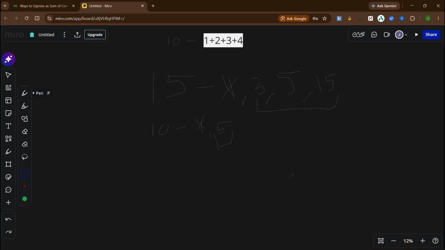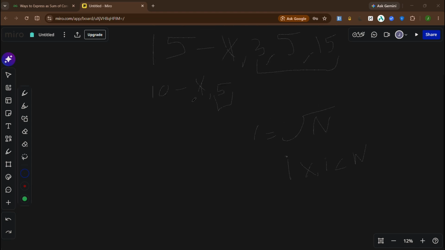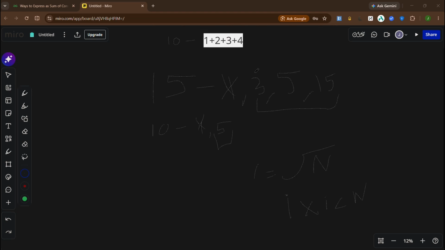Now, in order to reduce the complexity, we will only iterate till root of n. Thus I will only iterate till root of 10, as long as I into I is less than n. When we find an odd factor, we will find its partner.